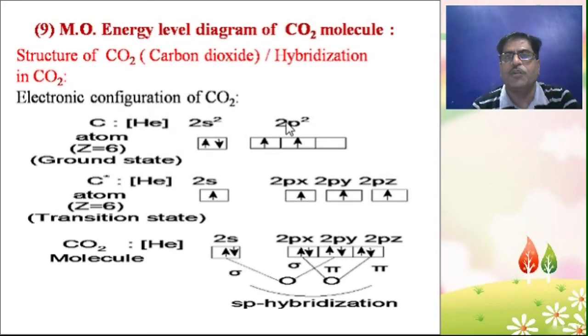So how many electrons are in the valence shell of carbon, the central atom? 4 electrons, 2s2 and 2p2. In the ground state there are 2 unpaired electrons and 1 paired set of electrons.